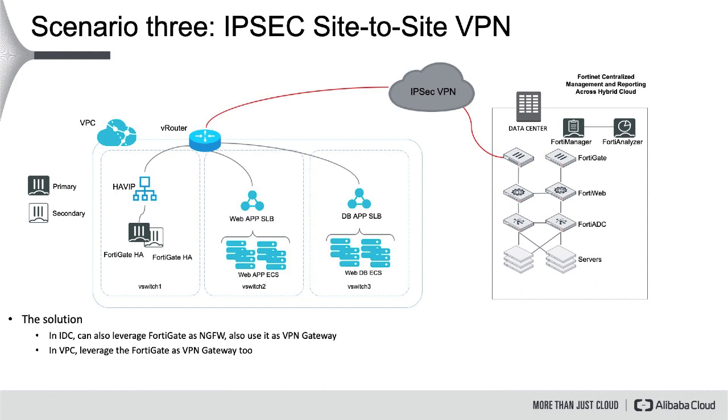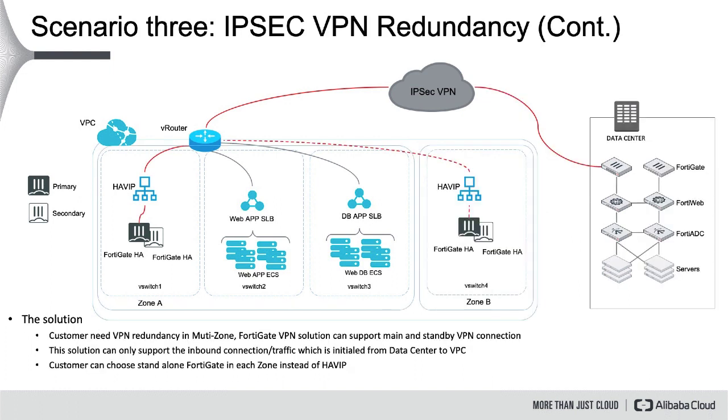Some advanced feature like the VPN redundancy that's built on top of the IPsec VPN certainly. This is also supported for us. For example, you can deploy the FortiGate in our Hong Kong Zone B and another Fortinet in Hong Kong Zone C, and each of them have the HAVIP to do the protection.